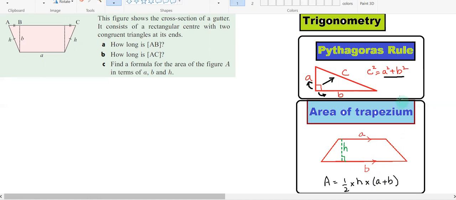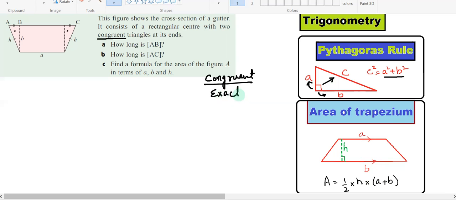That's it. Moving on to this question, we have this figure which shows the cross section of a gutter. It consists of a rectangular center, you can see here, with two congruent triangles at its sides. Usually we study congruency and similarity in relation to each other, but just for your information, congruent figures are exactly the same.